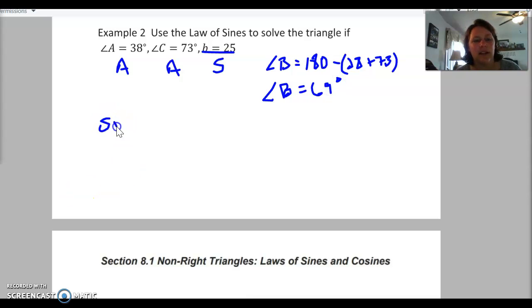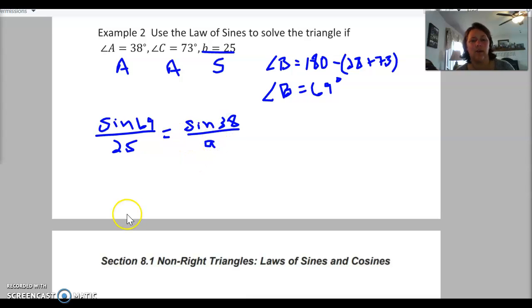So now we can write that as the sine of 69, because we want to start with our paired angle and side that are given, over 25, which is equal to the sine of 38 over A. And then let's go ahead and solve this one first, and then we'll go back and do another ratio equation with angle C so that we can find side C as well. So we want to solve for all sides of this triangle.